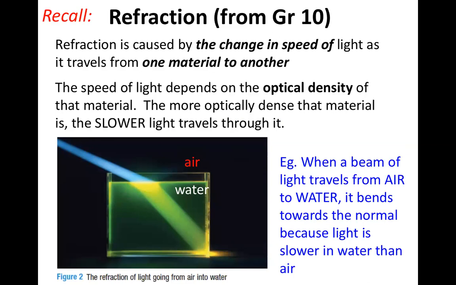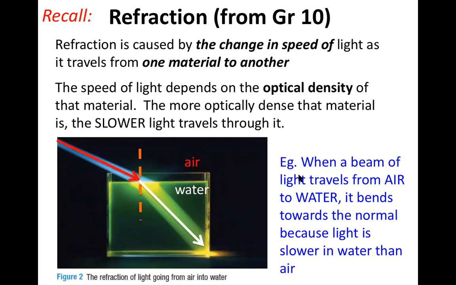So refraction is caused by the change of speed of the wave from one material to another. So light traveling in air travels faster than light traveling in water, so it bends. This is a visual of the light in air going faster than the light in water.